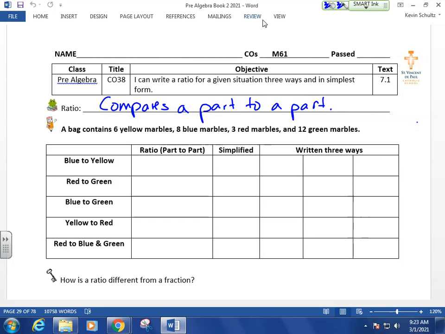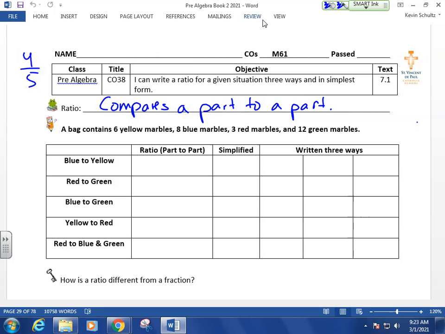A part to a whole. Like when we have the fraction 4/5, 4 is our part, 5 is our whole, right? So a fraction compares a part to a whole. A ratio does something a little bit different. It compares a part to a part.